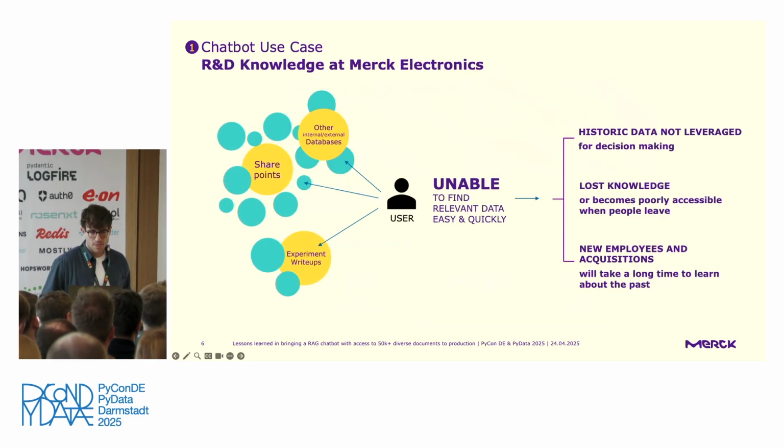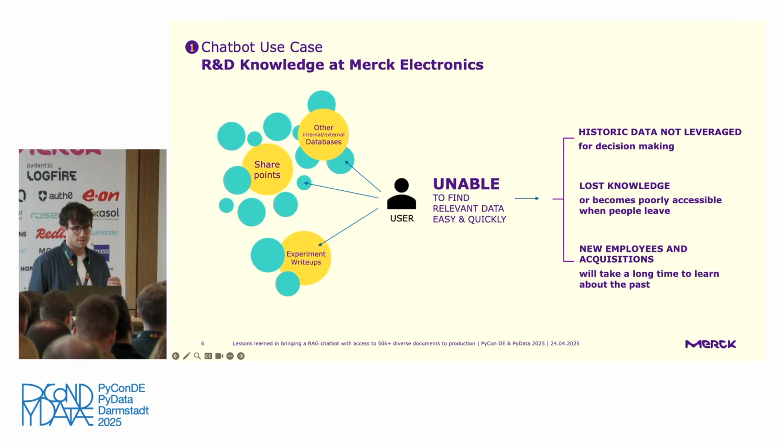And so within this R&D organization, there's a lot of knowledge that is spread throughout various systems, ranging from various SharePoints to, for example, experiment write-up databases. And it used to be, for these R&D scientists and engineers, quite difficult to find relevant data easily and quickly. And as a result, historic data would sometimes not be leveraged for decision-making.